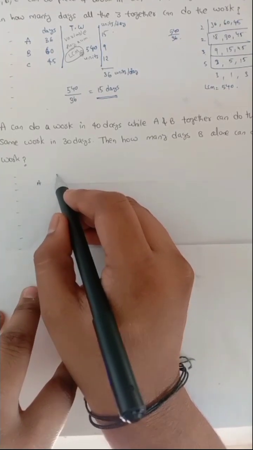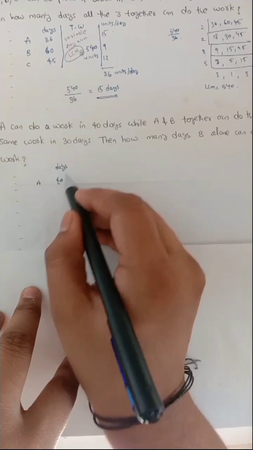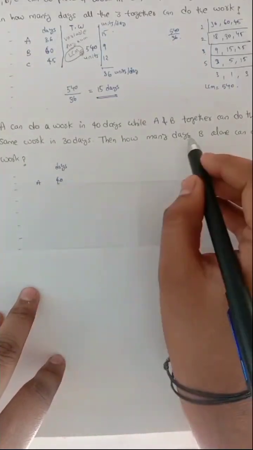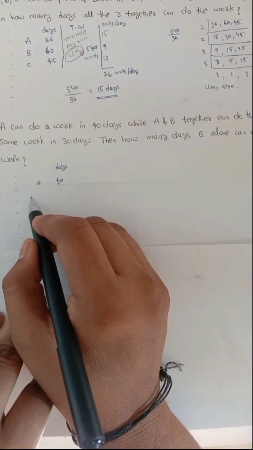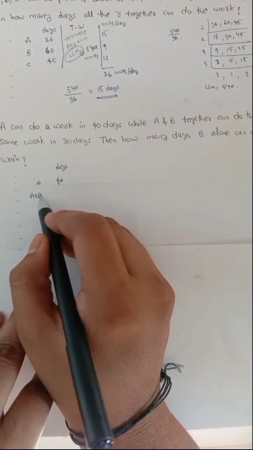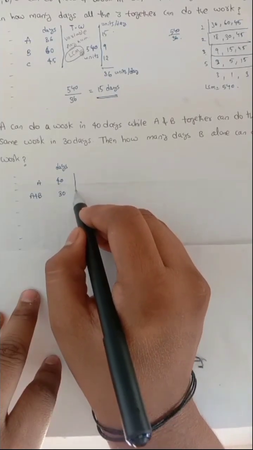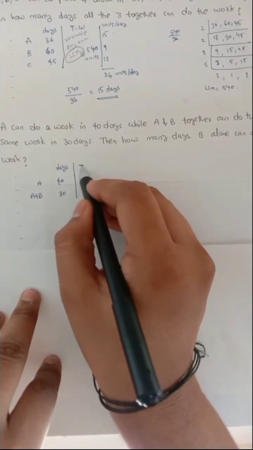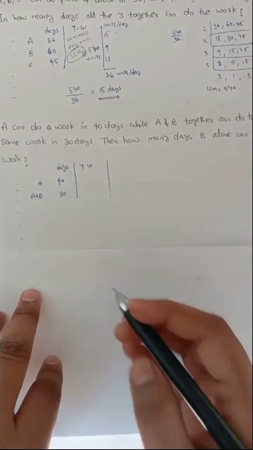A can do the work in 40 days. On top we can write days. Again, A plus B together can do the same work in 30 days. Then here you need to write the total amount of work, the total quantity of work.